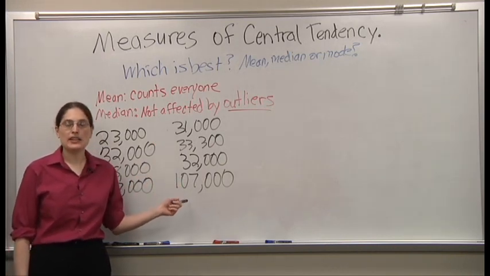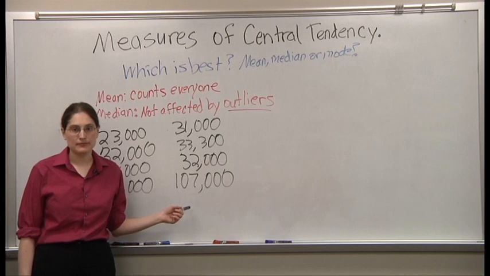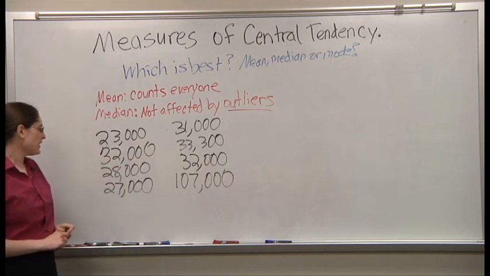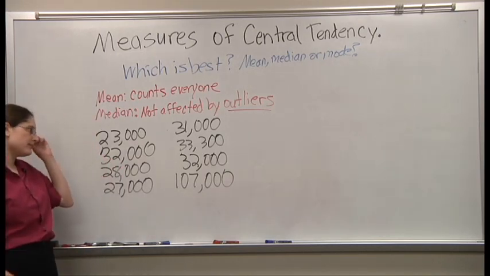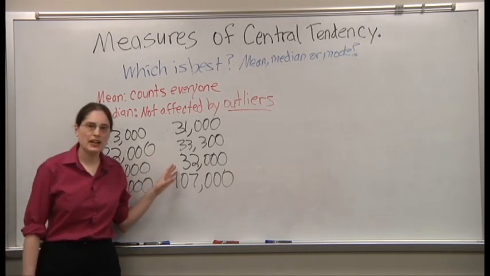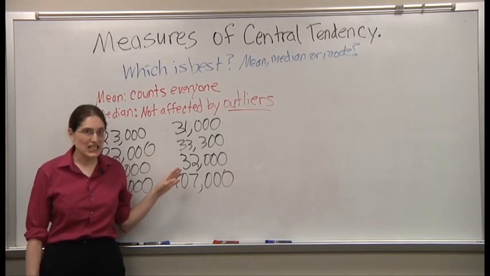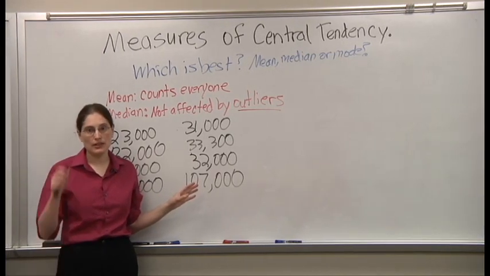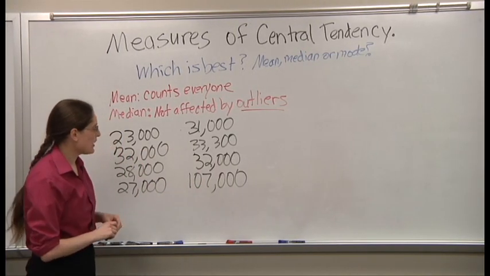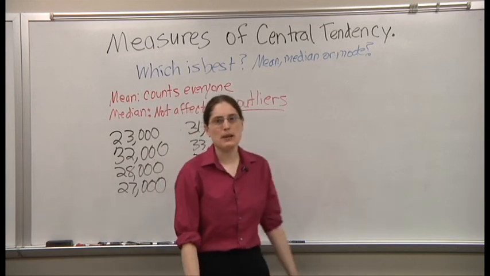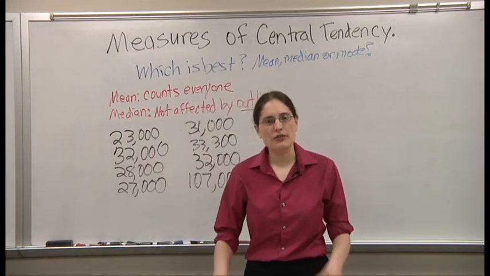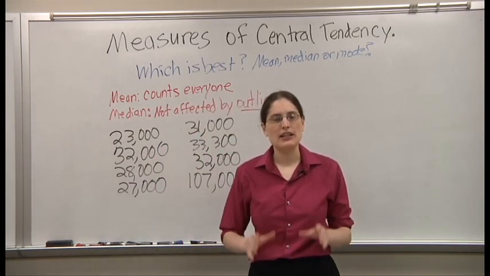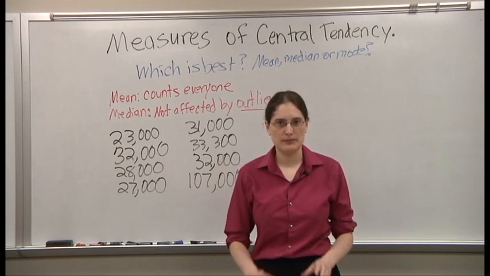This guy making a whole lot more money. If you find the mean, it's going to be somewhere in the 40s. The median, though, is a much better reflection of the typical person in this neighborhood.